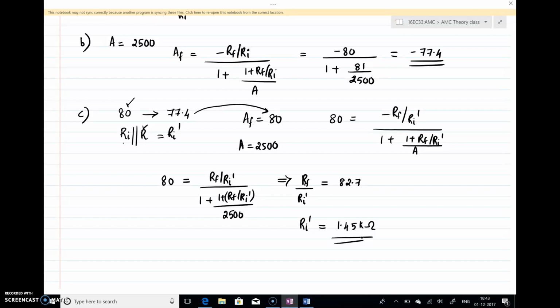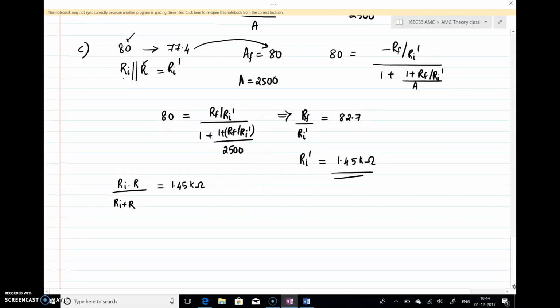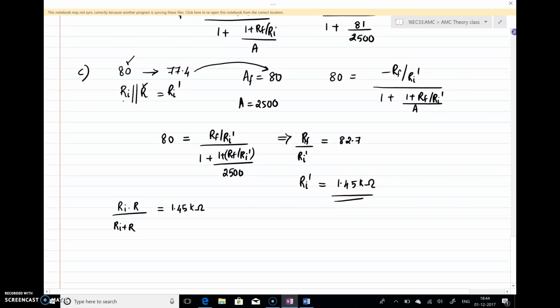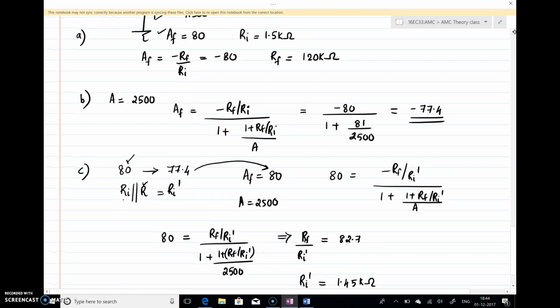Now, Ri into R divided by Ri plus R is equal to 1.45 kilo ohm. You know the value of Ri, it is 1.5k.